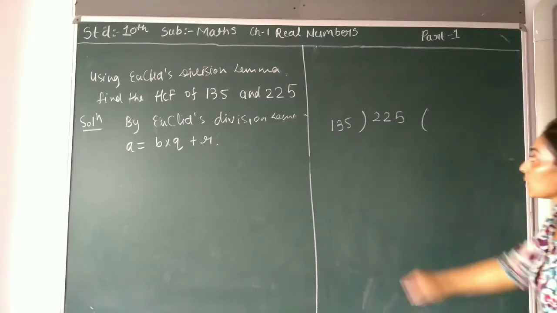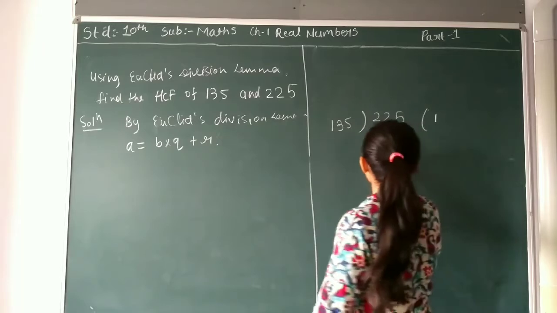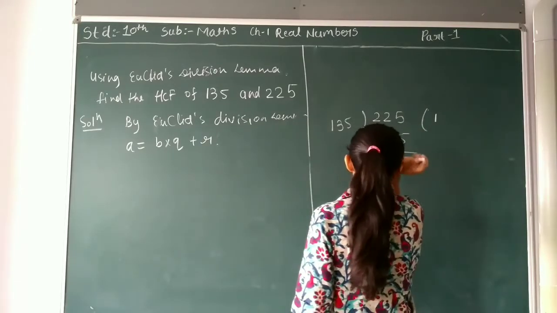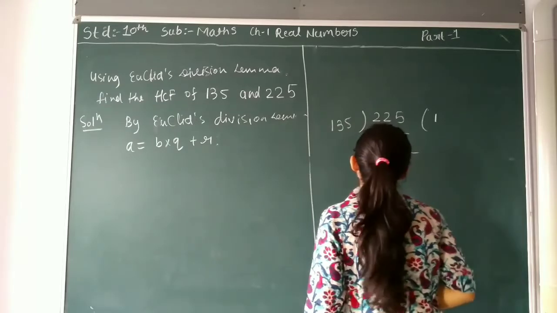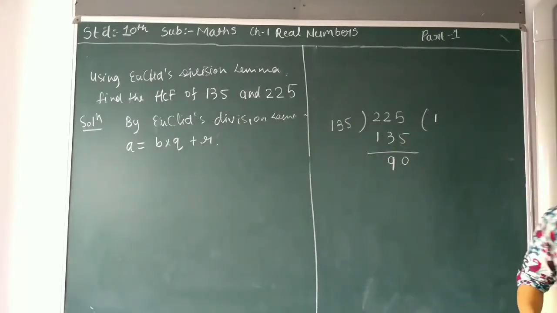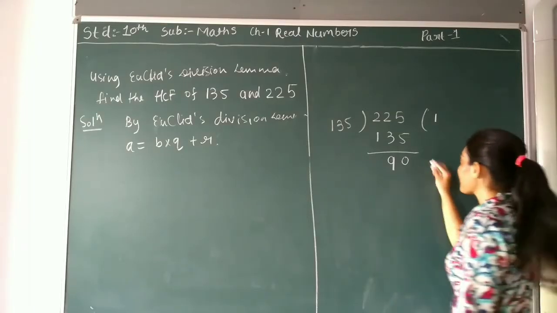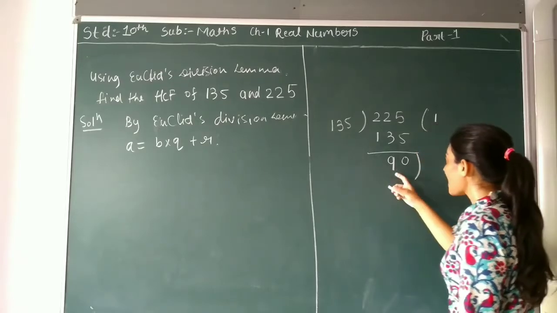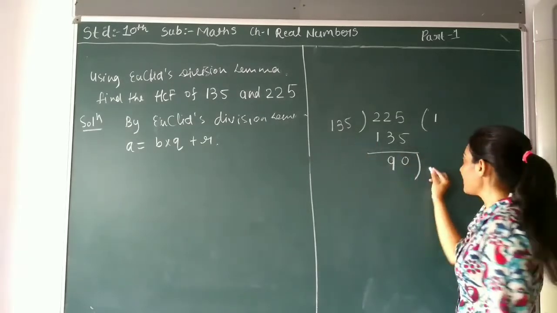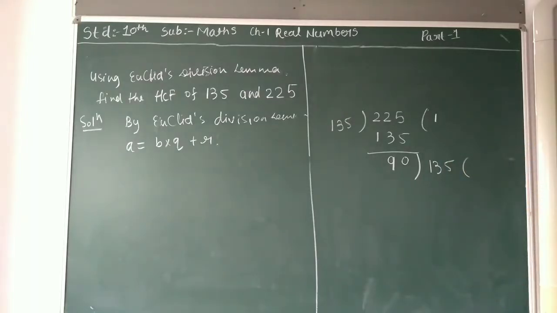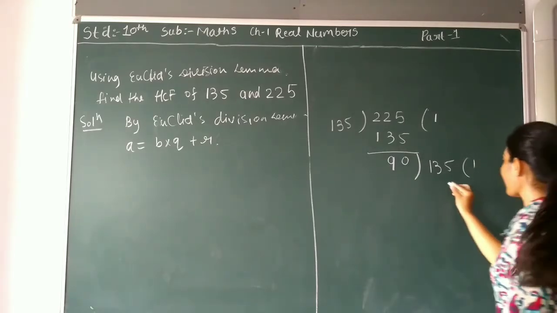Okay, so we'll start with 1 only. 135. Okay, 90. Again, I'm not getting remainder 0, so we are going to do the next step. So the 90, I'm taking this 135 as my dividend, and again I'm doing the same thing.